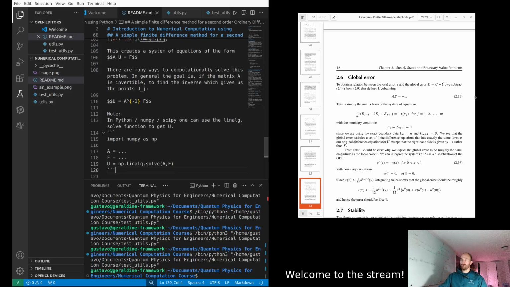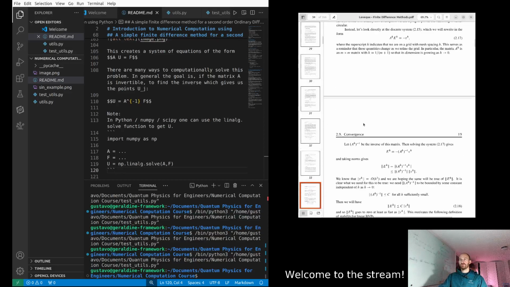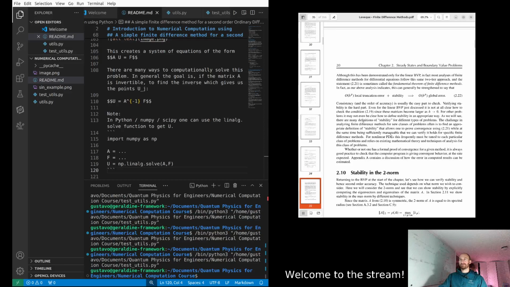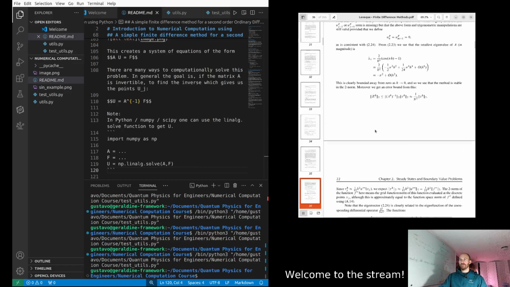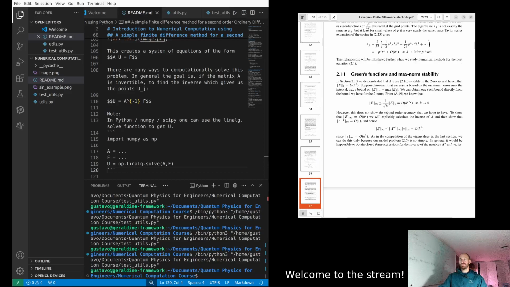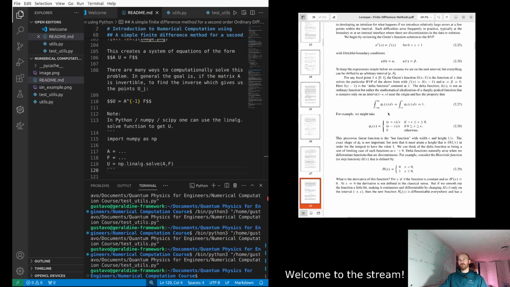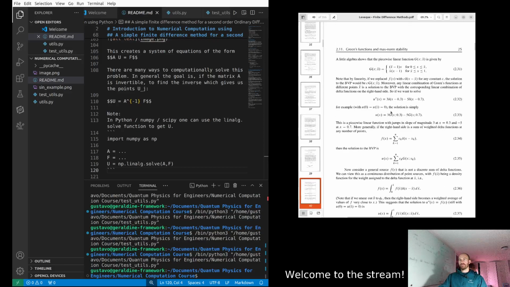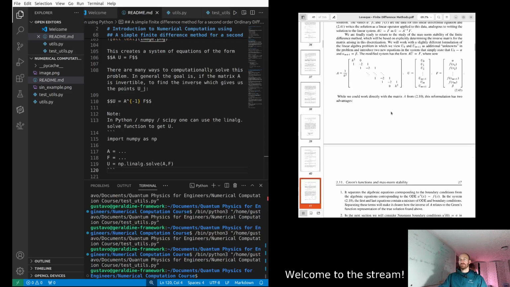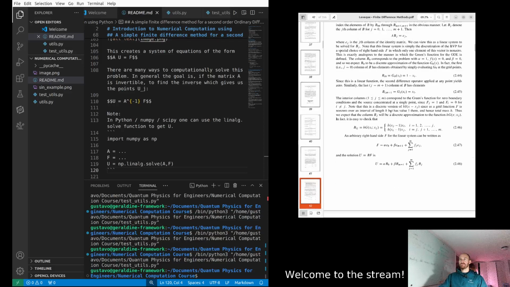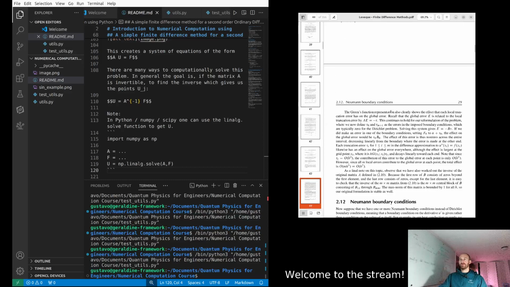So how about we do an experiment, maybe based on the book examples, and then we can ramp up the stream. Are there any examples here?